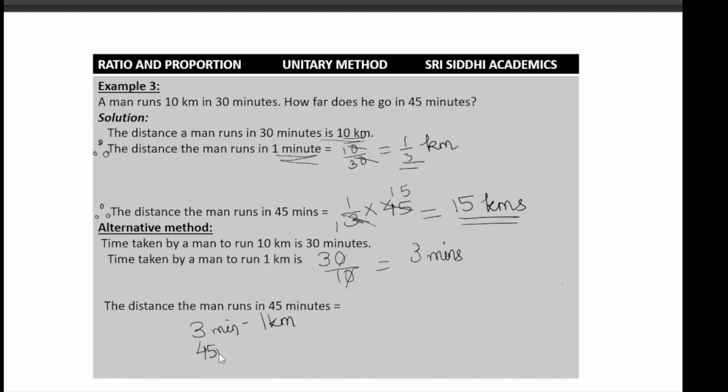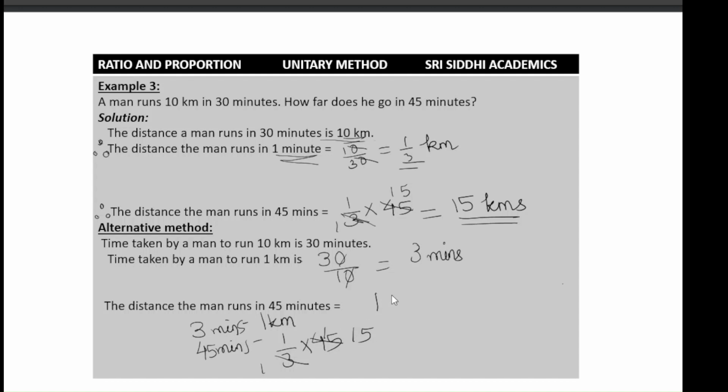In 45 minutes, how far will he go? I can find it now. 1 by 3 multiplied by 45 will give me the distance that he travels in 45 minutes. 3 ones are 3, 3 ones are 3. Then 4 minus 3 is 1. 1 comes here, it becomes 15. So 3 fives are 15. I have already written 15 here.